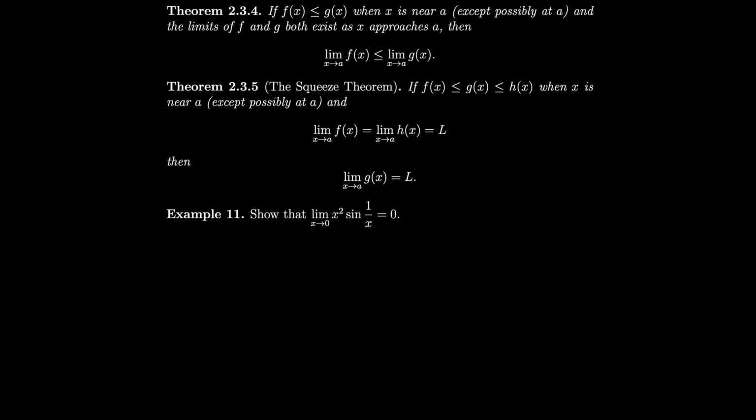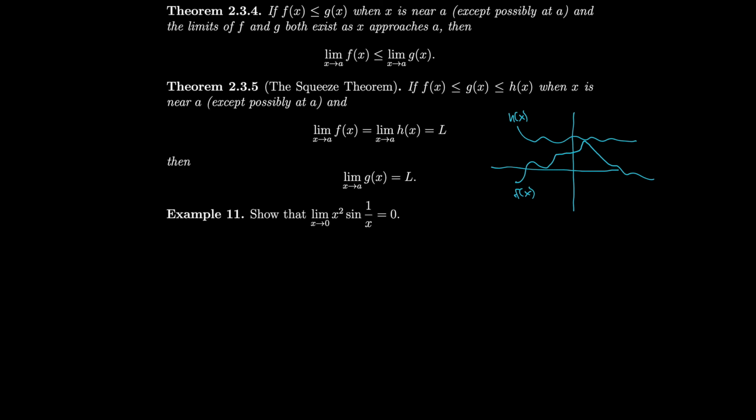It's kind of like if we have, let's say, this crazy function, and we have this crazy function. Notice they have the same limit over there. Let's say that this is h, and that this is f.